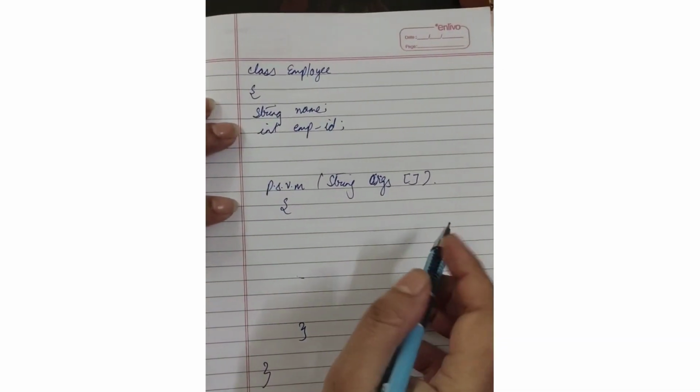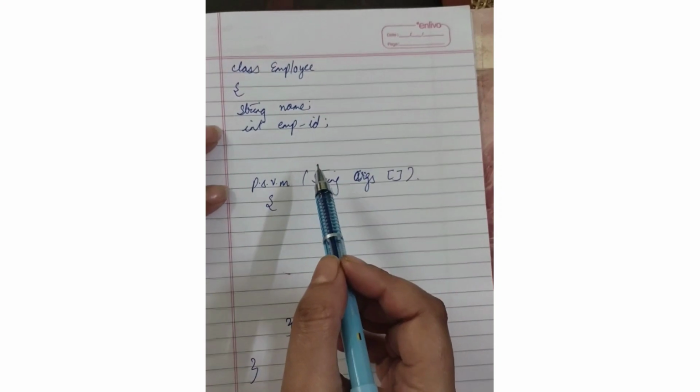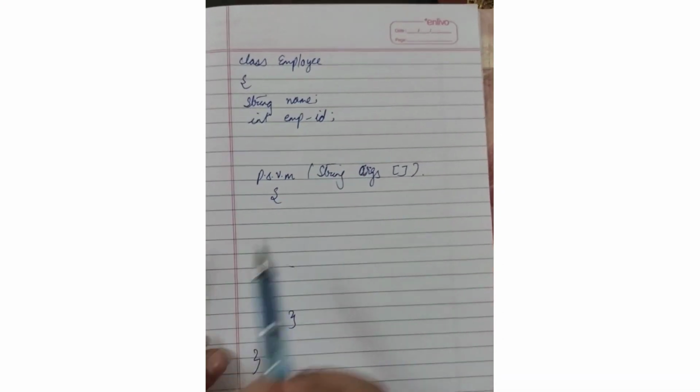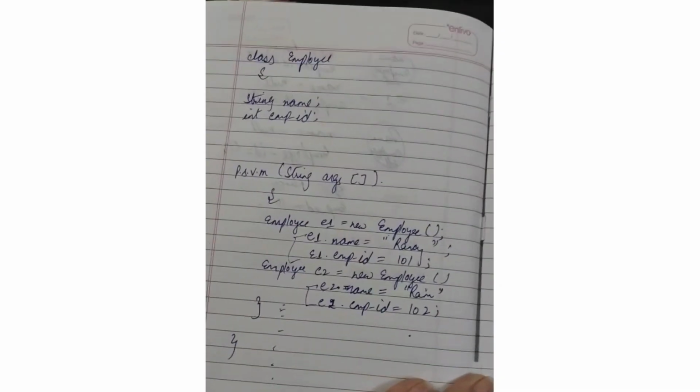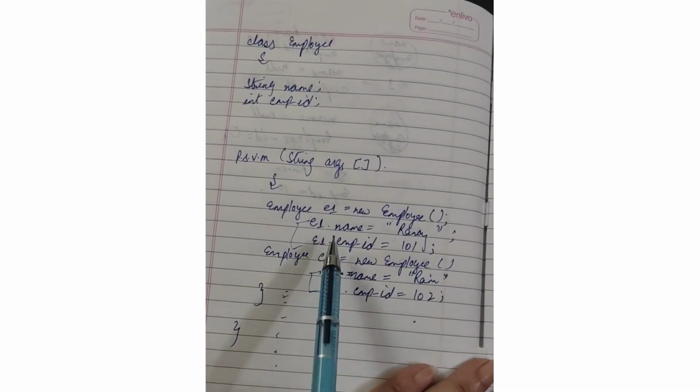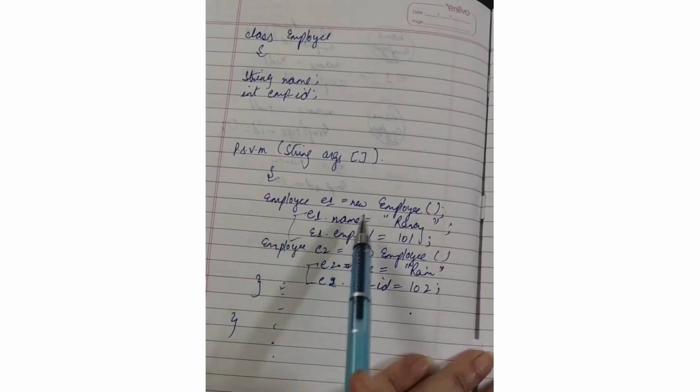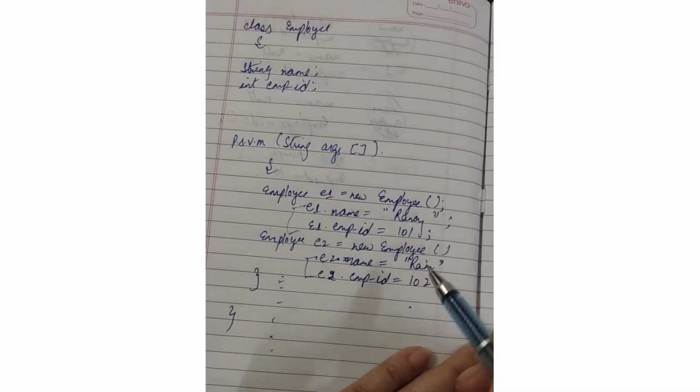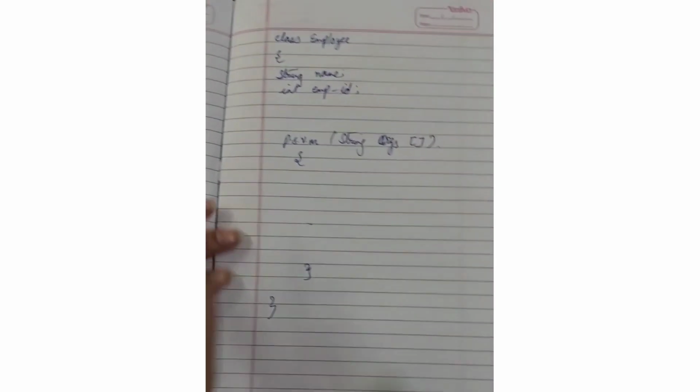Now let's use your constructor. We will create a constructor to remove the problem of methods. When we were using methods, we were adding two additional lines with each object. Now we will use a constructor to resolve this problem.